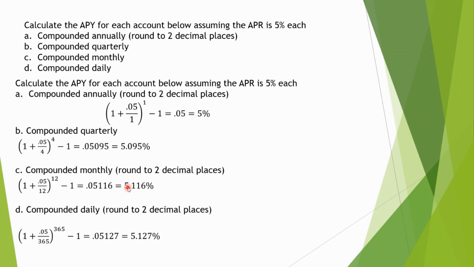Monthly is when n is 12, as you can see, and this is for daily. So this is what we get. I hope everyone got these numbers as well.